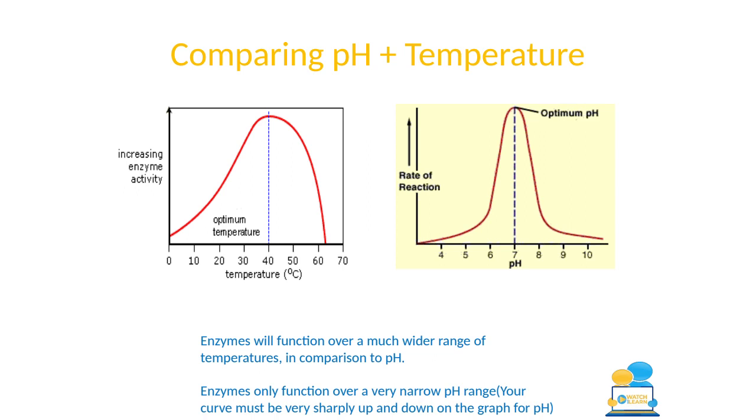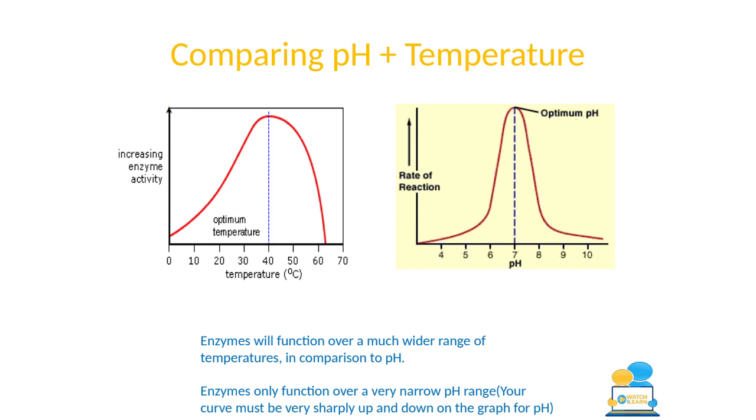This graph demonstrates the differences between pH and temperature when we're talking about activity levels with enzymes. With the temperature, we can clearly see that there's a much more gradual curve. There is some activity occurring at 20 degrees, and some activity at 30 degrees.